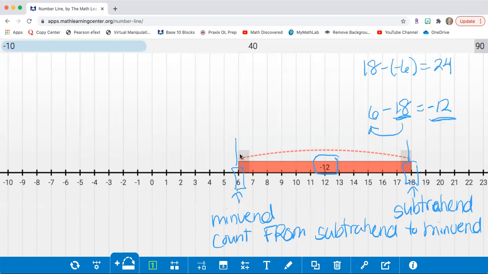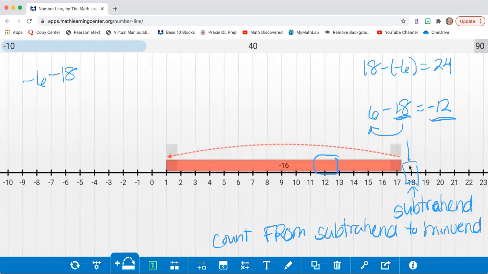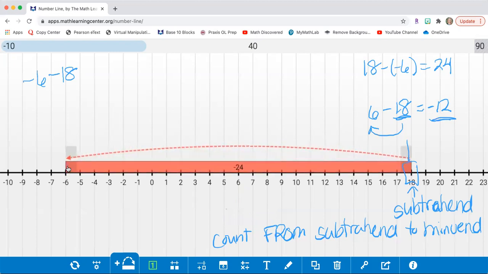So what if it was -6 minus 18? Same thing. Start at your subtrahend at 18, but now instead of stopping at +6, I want to count all the way to my minuend, which is now -6.